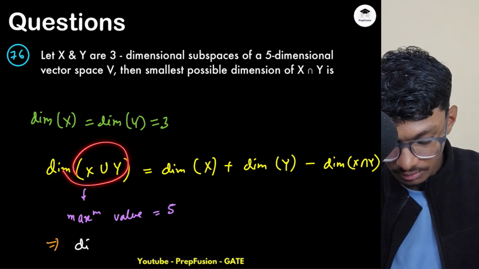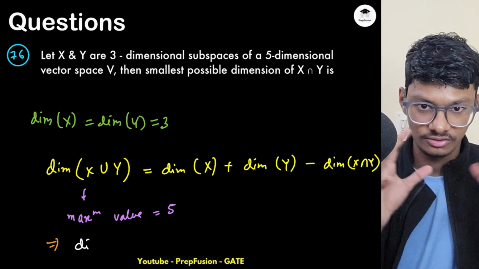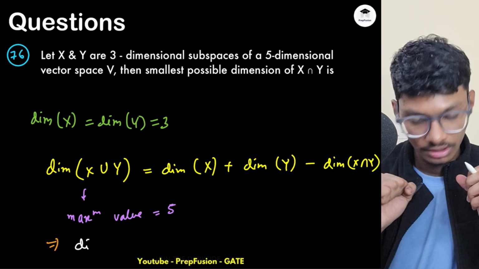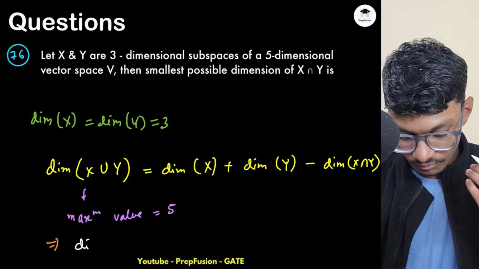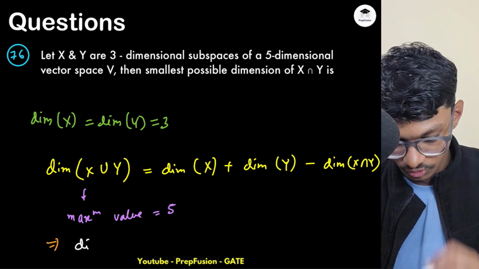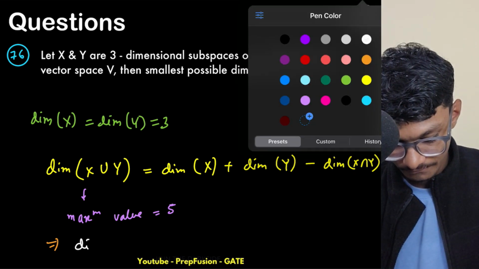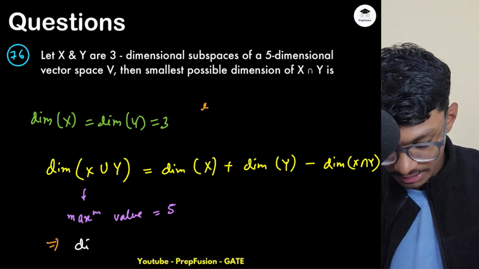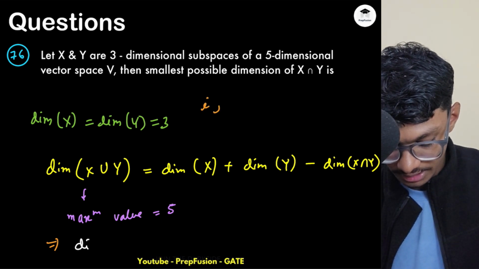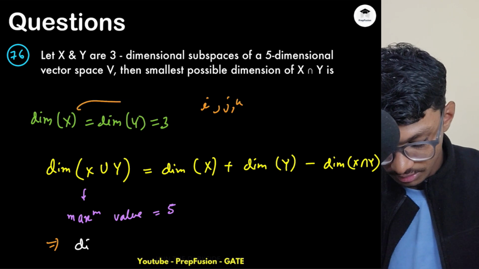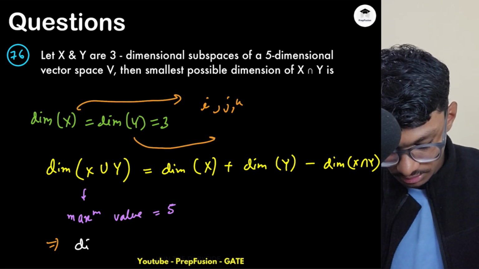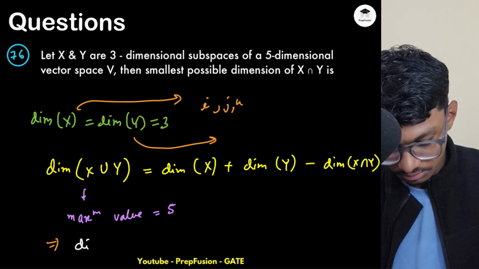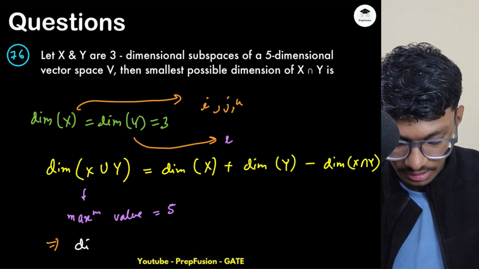Why is this maximum 5? Because if I take all the set of vectors, let me take this x as i, j and k, and this y as i, j, k, l and m.